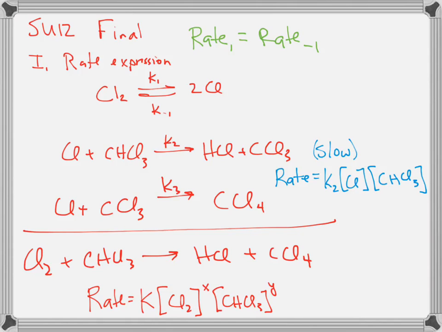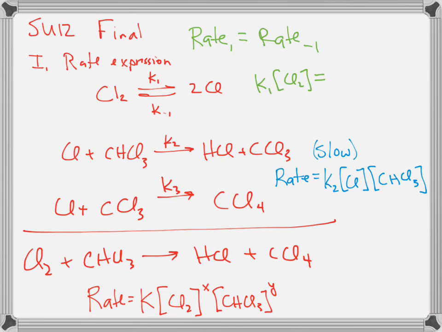So that would be rate 1 equals K1 times the concentration of Cl2. To what order? Why is it first order? Why can we use the coefficient? It's an elementary step. That needs to equal now the rate for our reverse.